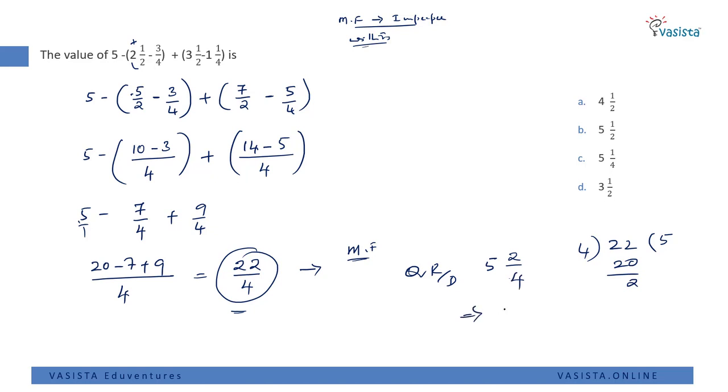Again you can simplify it here: 5 1 by 2 is the answer. So option B is the right one.